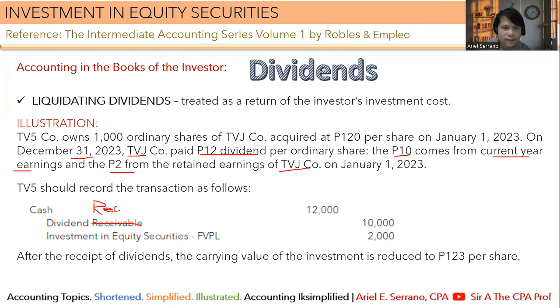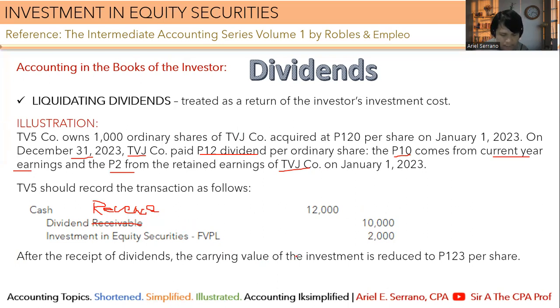So, hindi na exempt si sir pag nagka-copy paste ng mga account titles sa aking mga materials. This should be dividend revenue, ha. Kindly take note, hindi po yan dividend receivable. This is a dividend revenue. Wala naman tayong receivable dyan. Okay? For 10,000 and a credit to investment in equity securities.